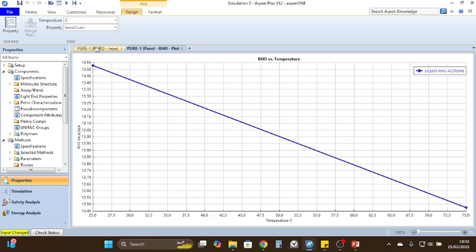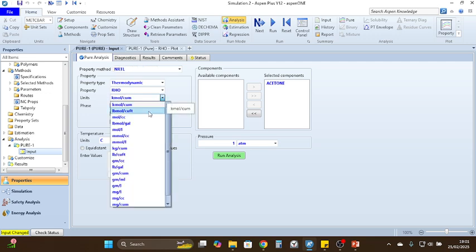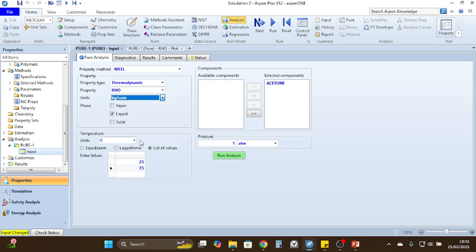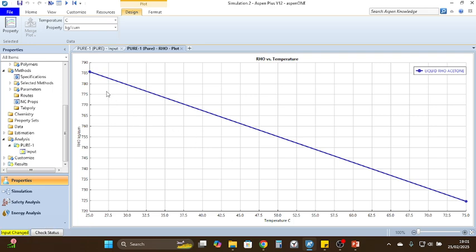It is given in kilomole per cubic meter. We change it to kg per cubic meter. So this is the density of acetone at 25 degrees Celsius, which is roughly 786 kg per cubic meter, and this is at 75 degrees Celsius.